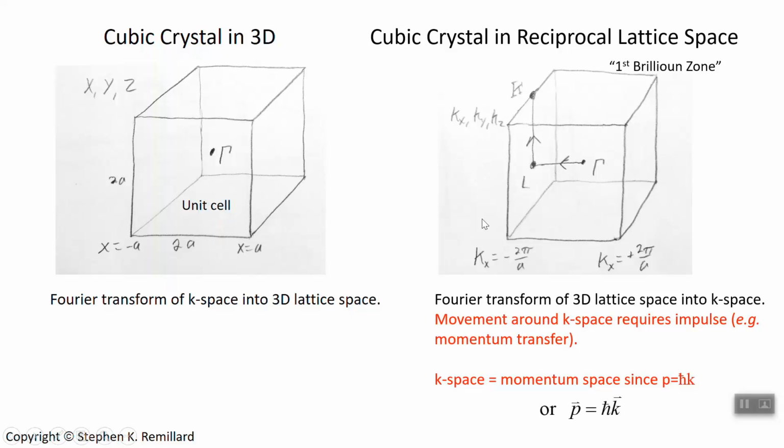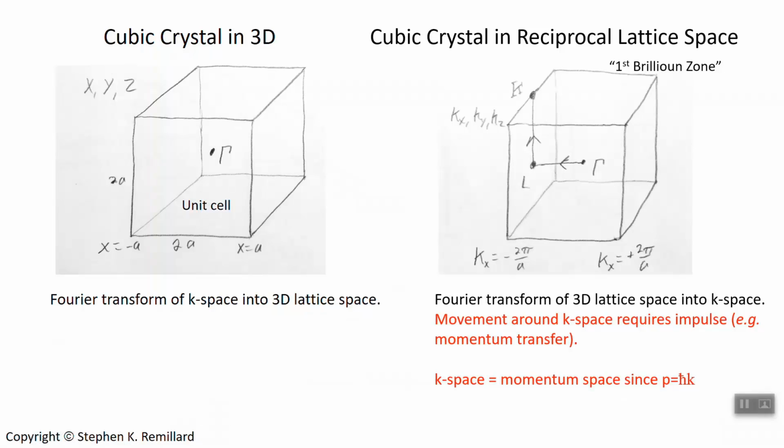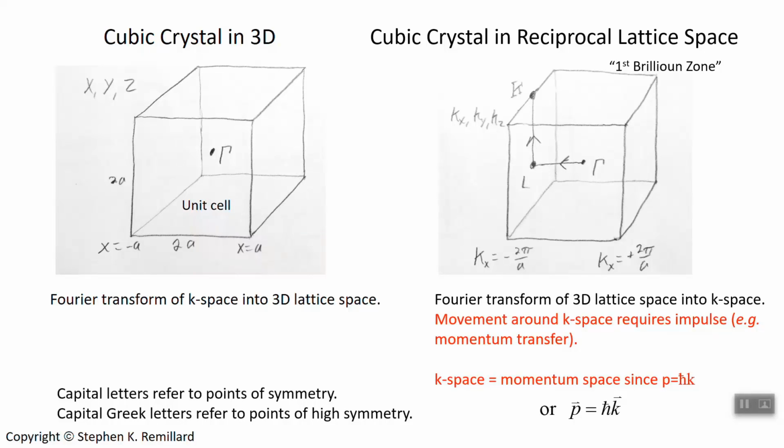These K's are 2 pi over x, y, and z, and so the corners of a Fourier transformed object are at minus 2 pi over a and plus 2 pi over a in our cube. You might recall that K, wave number, is 2 pi divided by wavelength, 2 pi over length. This is referred to as reciprocal lattice space. And we're going to look at a cube in reciprocal lattice space instead of a cube in configuration space.